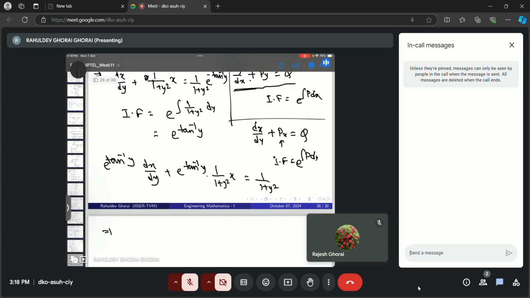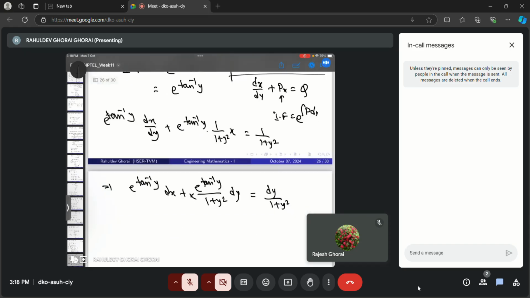If you do this, it will be e^(tan⁻¹y) dx + e^(tan⁻¹y)/(1+y²) x dy = dy/(1+y²), right?